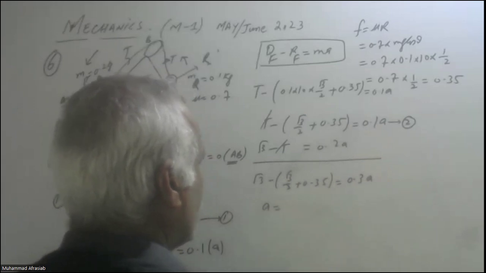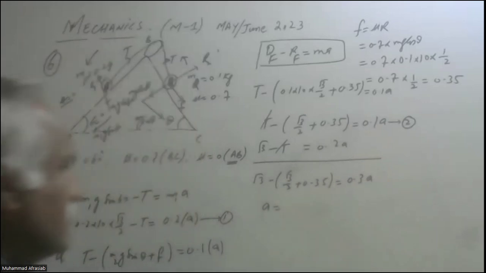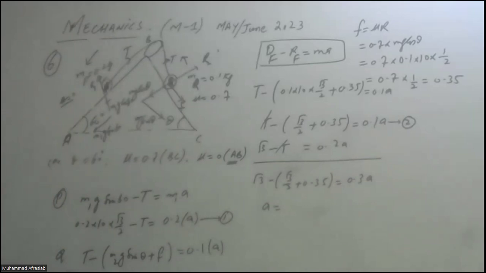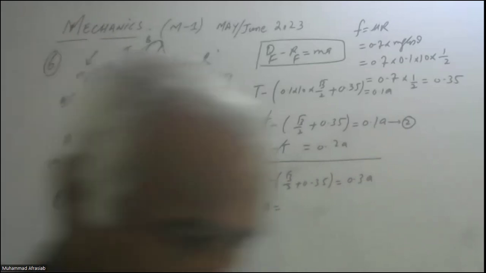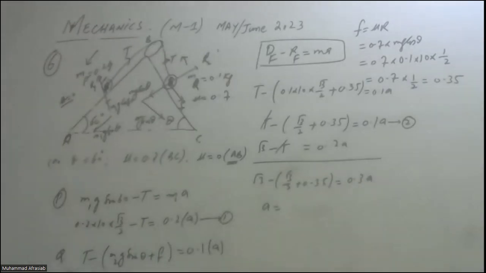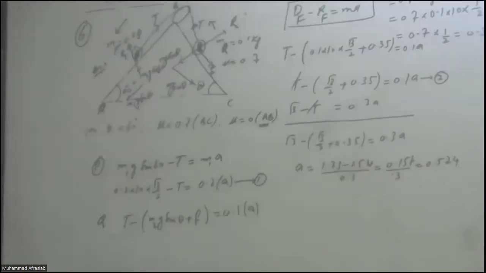So acceleration is equal to 0.524. So it will move downward, the particle P, and upward, the particle Q.